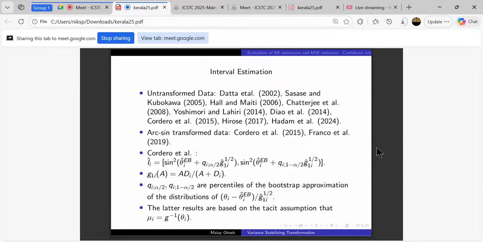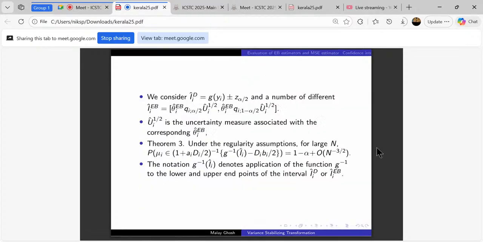But Cordero and others did it because the tacit assumption is mu_i is g inverse of theta_i, which we have. Consider g inverse of theta_i hat EB plus or minus z_alpha/2 times something, in a number of different situations.